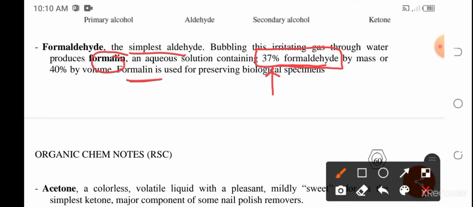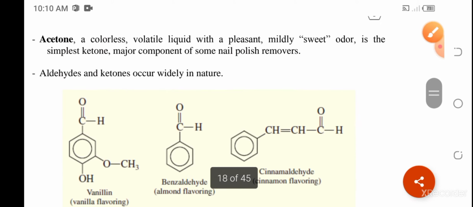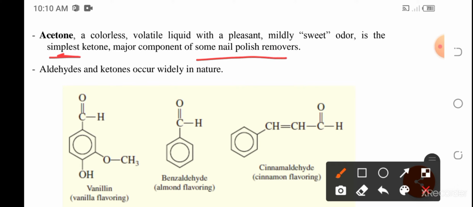And we all know that formalin is used to preserve biological specimens. Okay? Acetone, on the other hand, is the simplest ketone, and we all know that it is used for nail polish removers. They are colorless, volatile, meaning they easily evaporate.